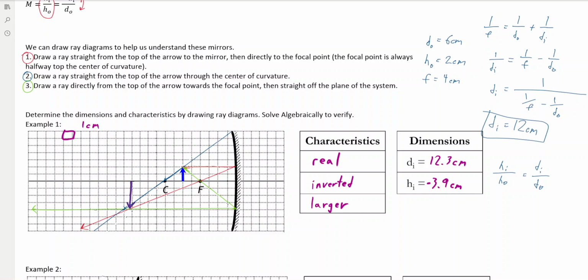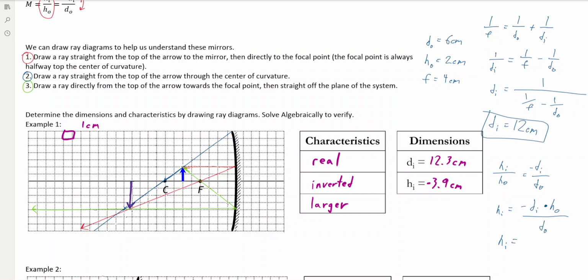And so what we're going to do here is just find the ratio of the two to find our HI. So HI equals, and technically there's a negative if you really want to deal with the negative, DI times HO over DO.